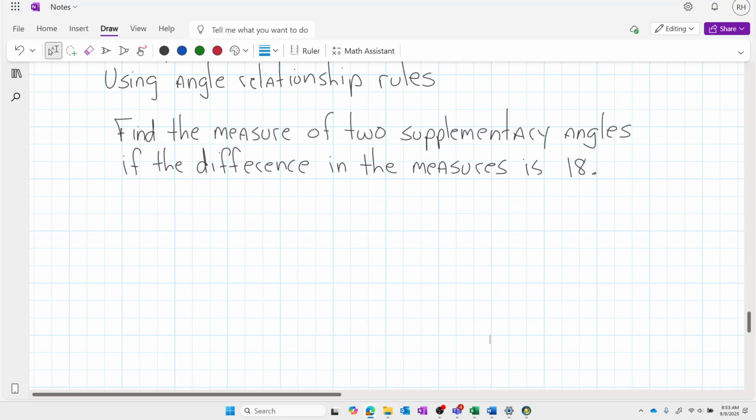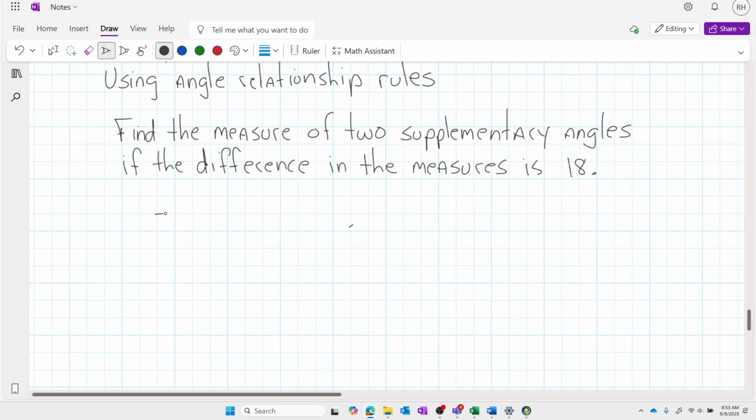All right, supplementary angles. Anybody remember anything about supplementary angles from yesterday? Good. They sum 180, right? Supplementary angles sum 180.